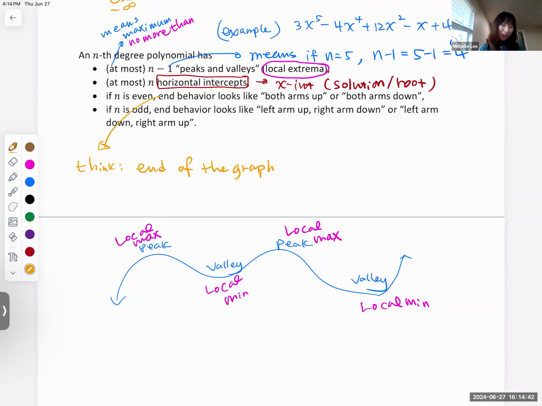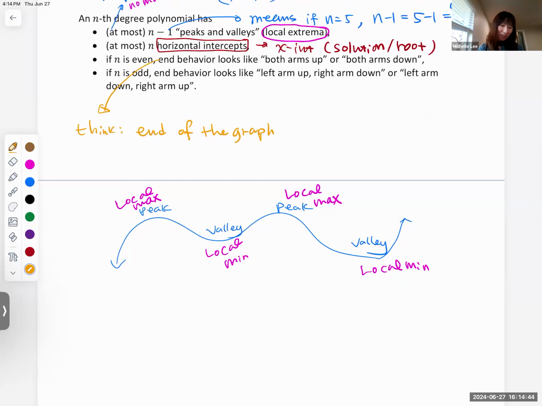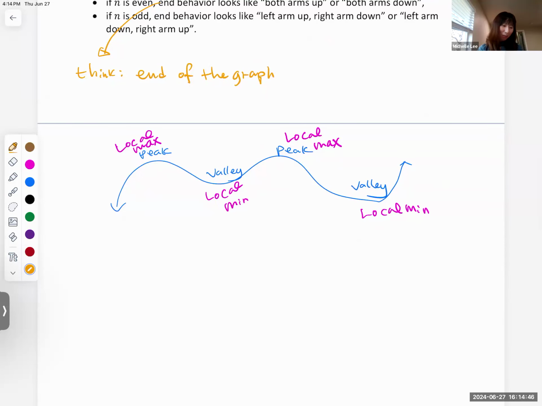So let me do it here for you. This is not one, because this one is down and one is up, right? So I'm going to make both arms up, like this parabola.